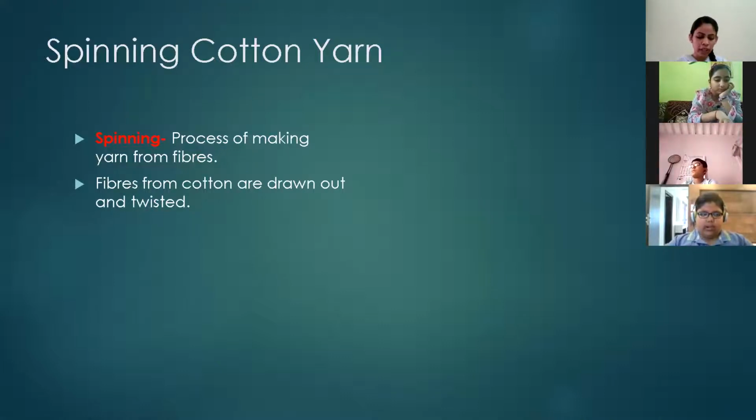Hold some cotton wool in one hand, pinch some cotton between the thumb and forefinger of the other hand. Now, gently start pulling out the cotton while continuously twisting. Are you able to make a yarn?